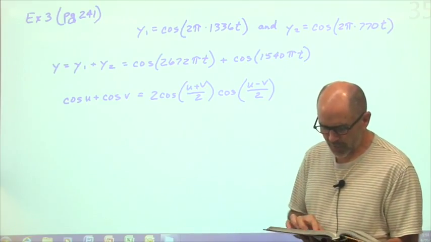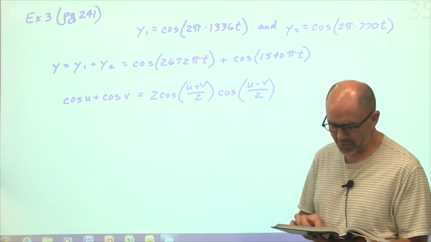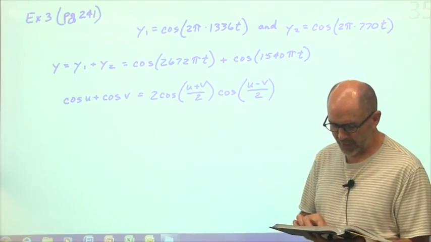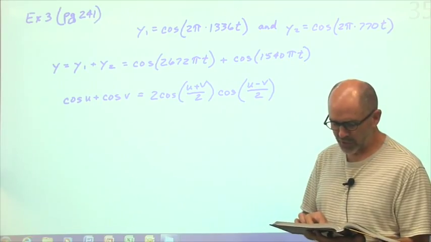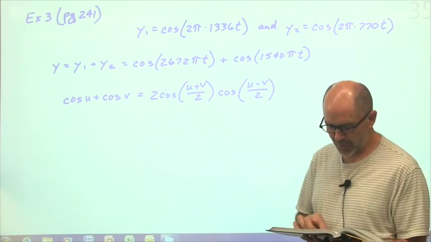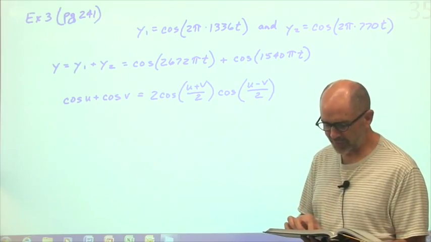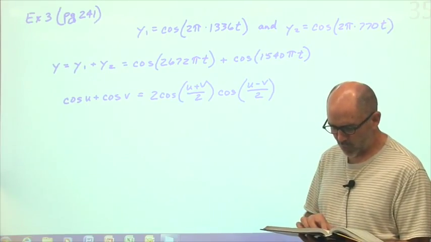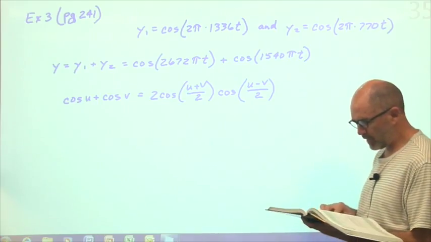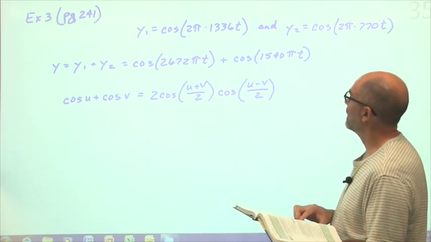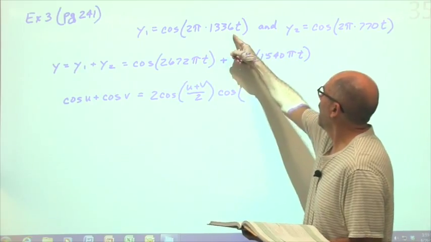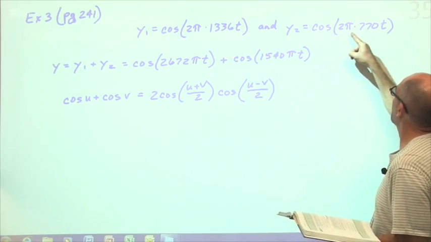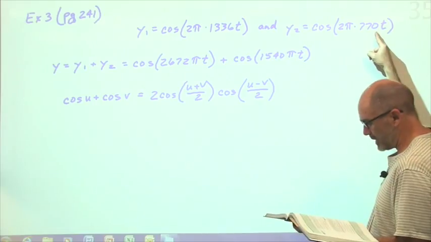So notice on a touch tone phone, the sound created by pressing 5 is produced by combining a sound wave with frequency 1336 cycles per second with another wave having frequency 770 cycles per second. Their respective equations are y sub 1 equals cosine 2 pi 1336t, and y sub 2 equals cosine 2 pi times 770t.